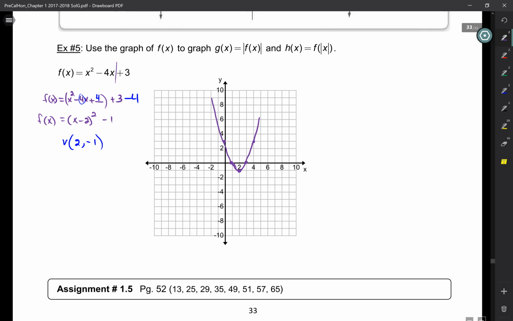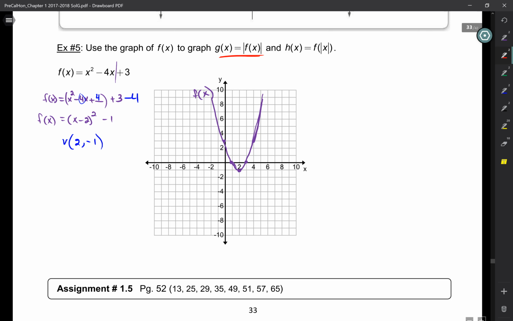Now, that's f of x. Now I want to graph g of x, which is absolute value f of x. So for that, you take the negative part and you flip it.